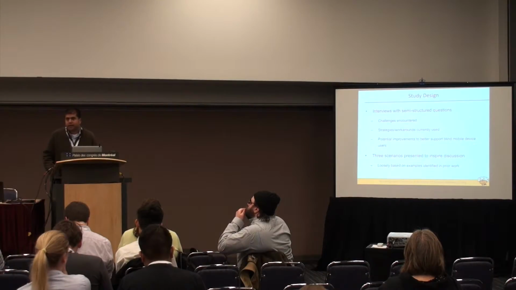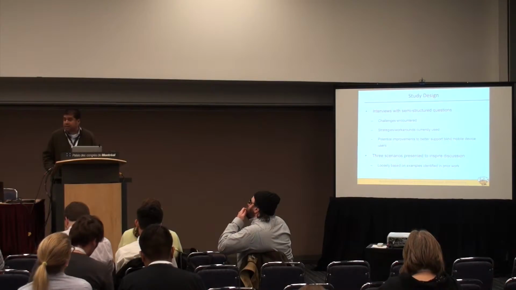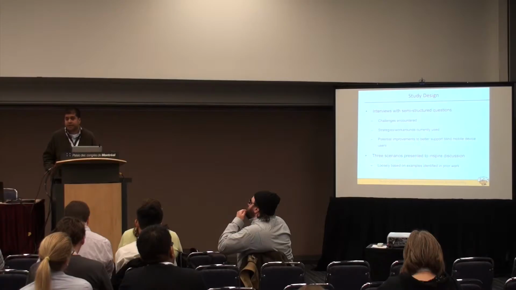To do this, we conducted interviews with 8 visually impaired, specifically legally blind, participants. We presented 3 scenarios of situational impairments that were loosely based on findings from prior work by other researchers.